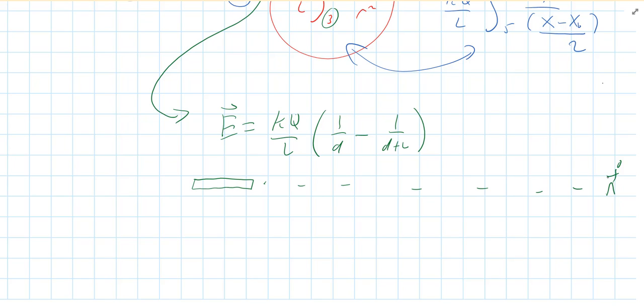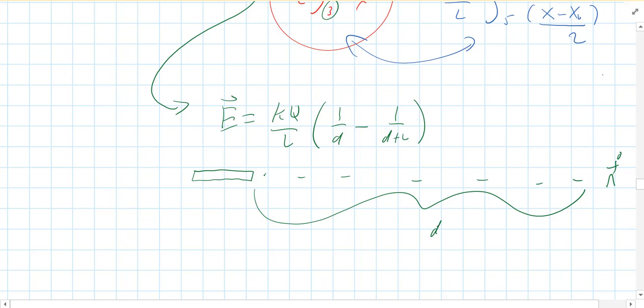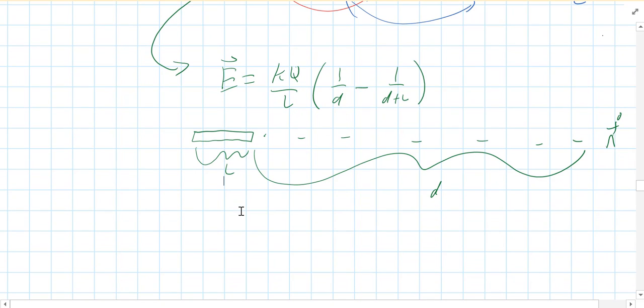Again, this would be D, and the length of the meter stick would be L. What if D is much, much bigger than L? What does our electric field look like then?